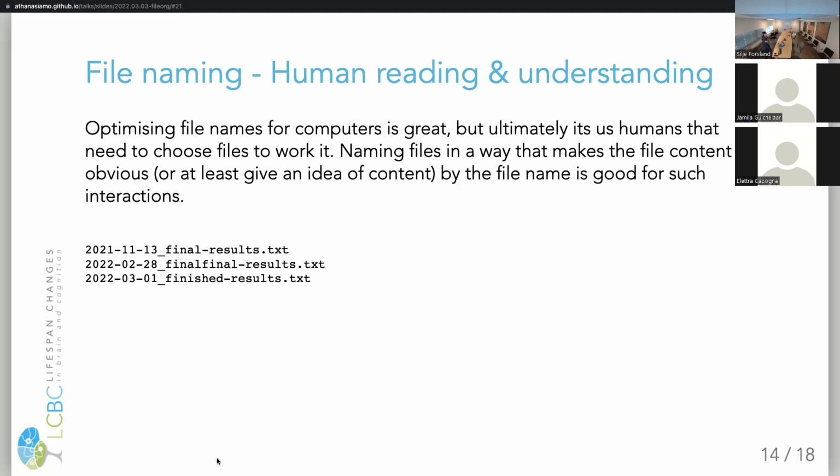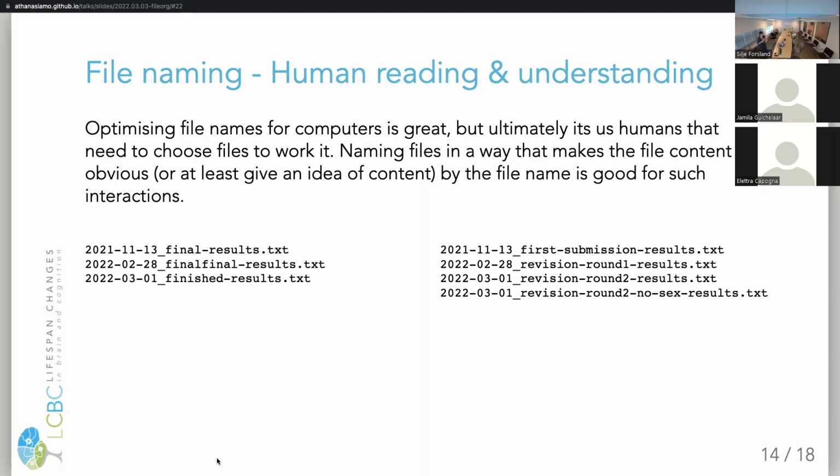But okay, in this case, at least we have dates. So we are actually able to figure out which one is the newest, and we can assume that the newest one is the one you actually used. Hopefully. But that's not necessarily always the case. But it doesn't really help us all that much.